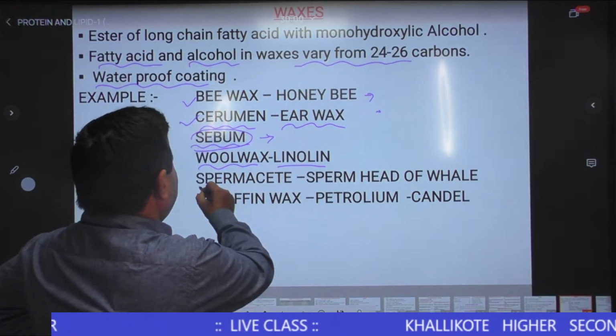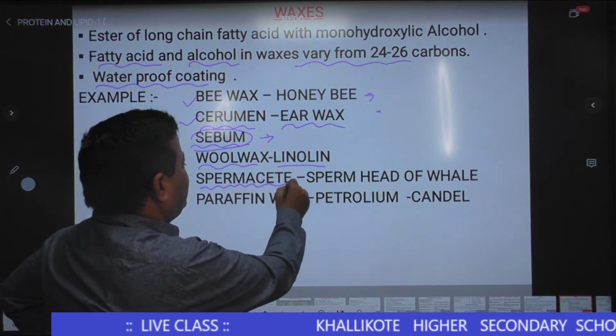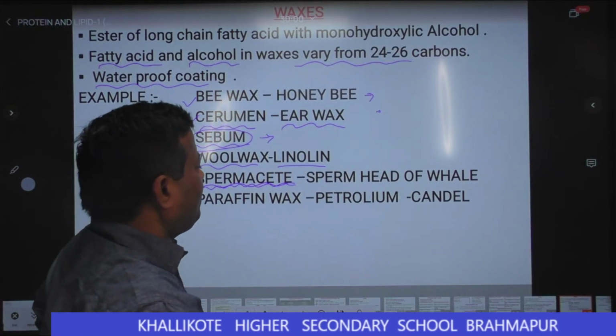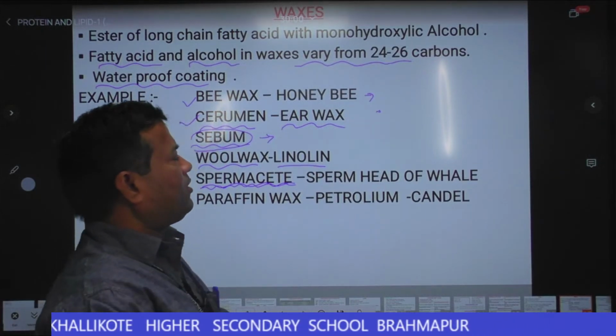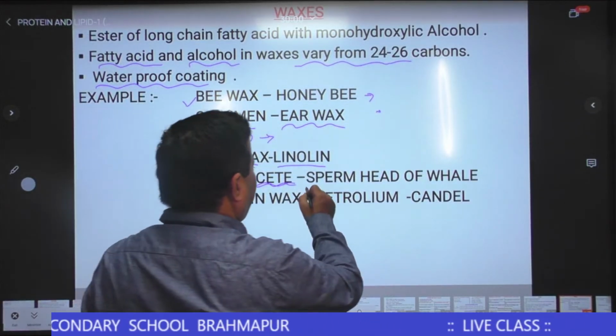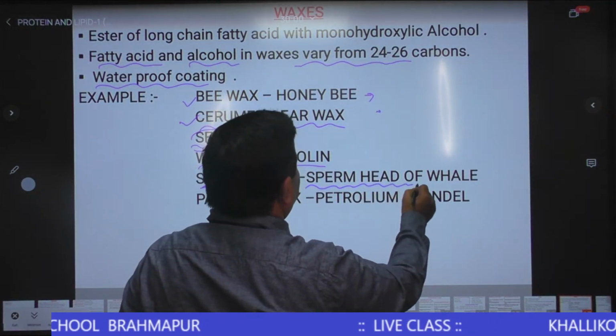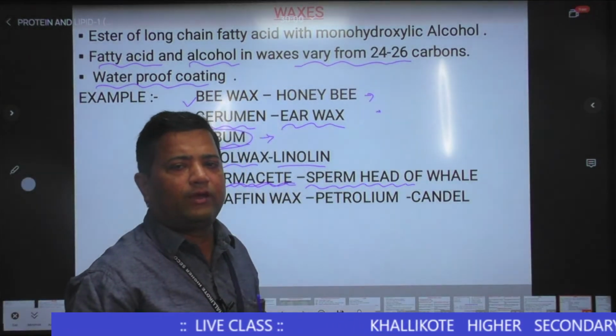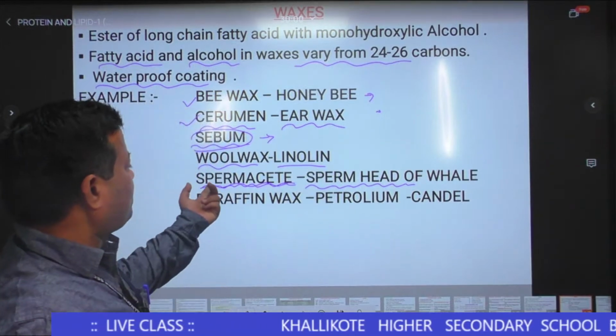Then another thing is spermaceti. Spermaceti is also a wax, secreted from the head of the sperm whale. That is a very hard substance secreted from the head of the whale, and it is called spermaceti.